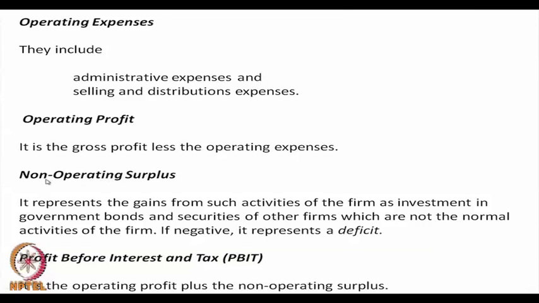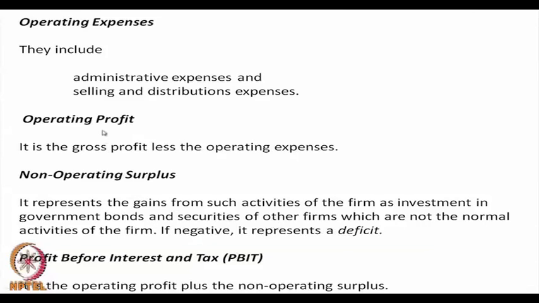Then the term non-operating surplus represents the gains from such activities of the firm as investment in government bonds and securities of other firms that are not the normal activities of the firm. So, these are surplus money that the company invests, short term investments for which it gets interest and that increases its profit. If it is negative, it represents a deficit.